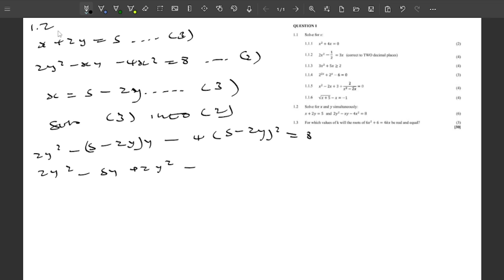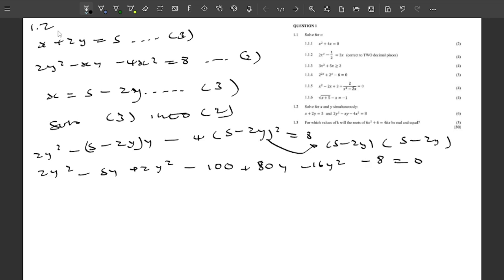If you open up the brackets for 5 minus 2y squared, you're going to end up with minus 100 plus 80y minus 16y squared, and the 8 I'm going to take to the other side, which is going to be minus 8. That's what you're going to get. You should get this value right here.